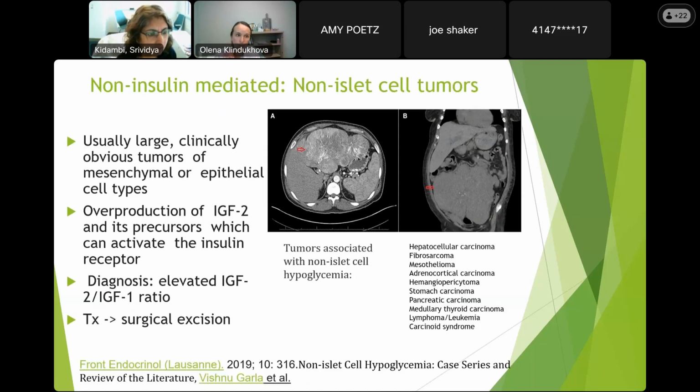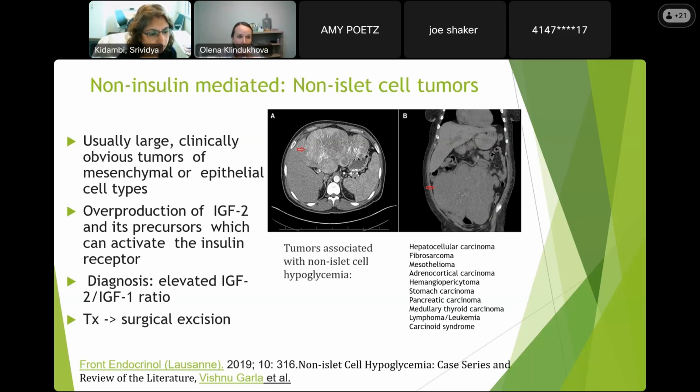All right, very good. The next is a rare cause, and I personally have to admit I have to look up and find the right testing, because it's pretty confusing. Those patients have non-islet cell tumors. Those tumors are typically large and of mesenchymal origin, and they produce IGF-2, which can activate insulin receptors.